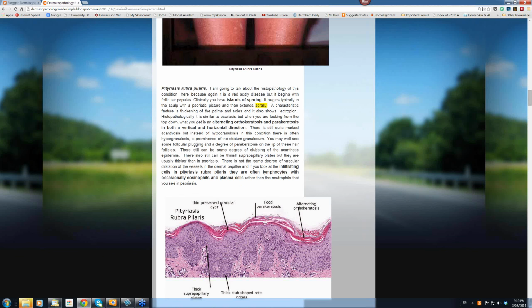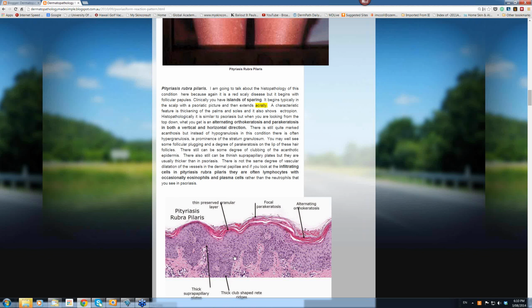And I suppose to that extent it can mimic the sandwich sign in some fungal infections. Note there's still quite marked acanthosis there. But in this case, you don't get the loss of the granular layer that you get in psoriasis. It may be actually thickened or preserved in pityriasis rubra pilaris, whereas it's generally lost in psoriasis.